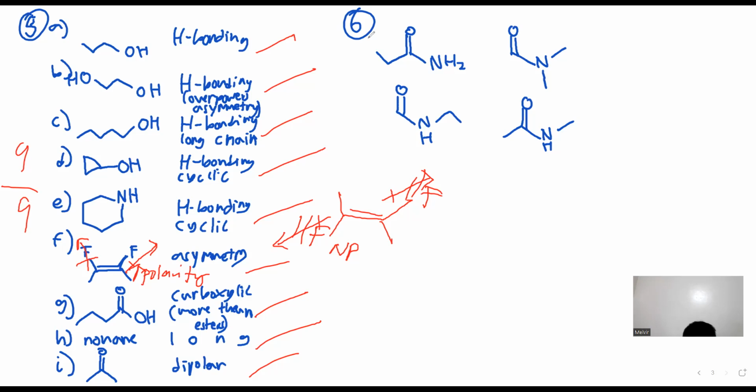Ayan, among the 4 amides, if you're done with that, sure ka na, sino dyan ang may pinakamababang boiling point and melting point? Among the 4. Parang significantly siya. And what is the reason?